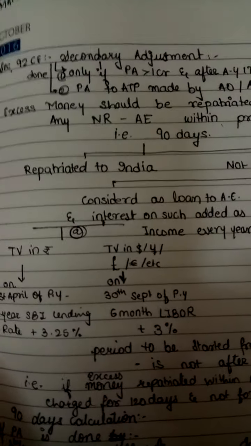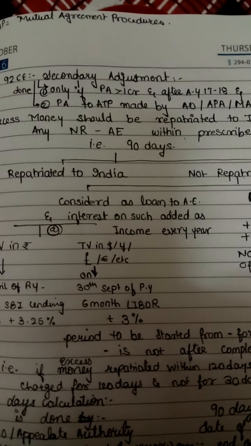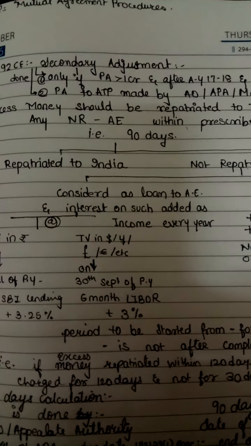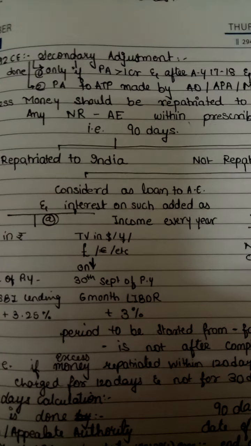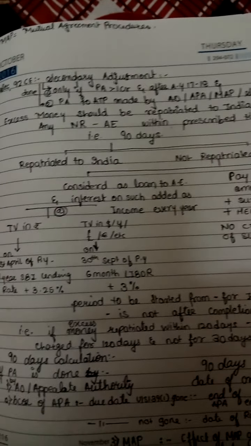Secondary adjustment is only done if the primary adjustment is more than 1 crore and it is done after assessment year 17-18, and the primary adjustment to the actual transaction price is made by the AO, advance pricing agreement, or mutual agreement procedures, or by safe harbor rules.